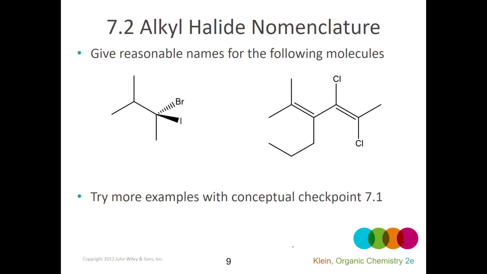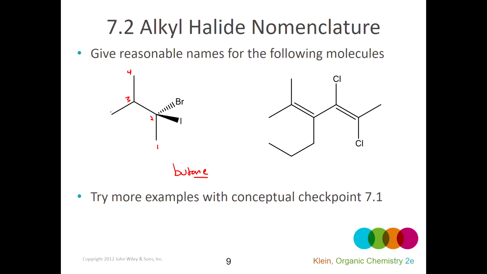Alright, so let's go back to looking at some IUPAC examples. So clearly here, on the one on the left, the longest chain I can make is going to be 4 carbons, so my parent chain is butane. I still don't have any double or triple bonds, so I'm still using the ANE suffix to indicate that the carbons are saturated with hydrogens.